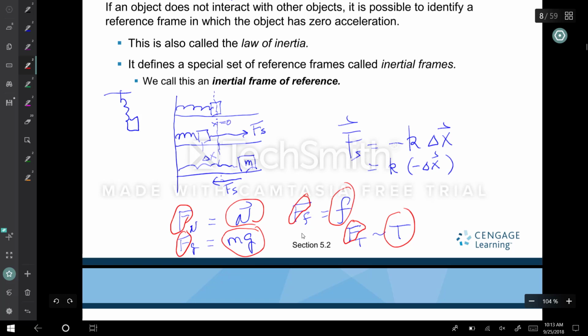For example, N can represent in vector form the normal force, but in plain form, it's the unit known as Newton. T is also the symbol for period. F is also the symbol for frequency.